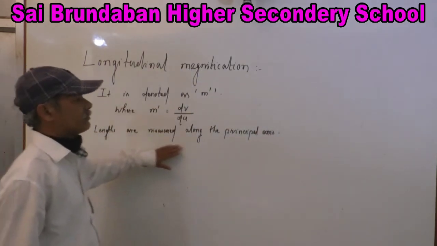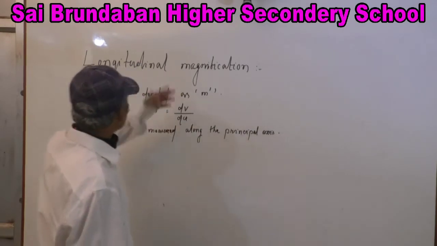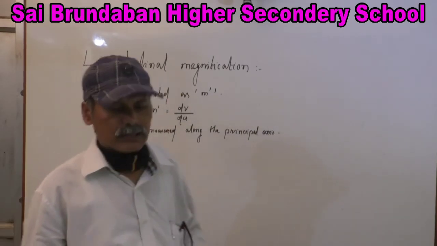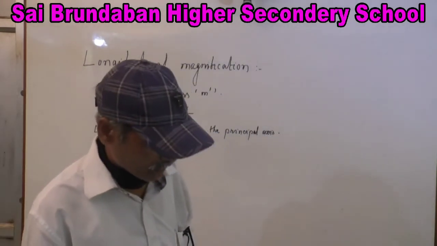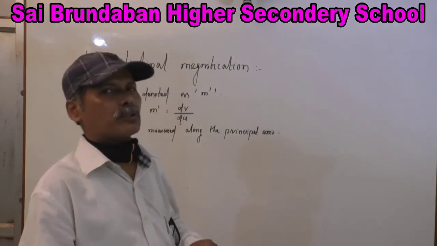Lengths are measured along the principal axis. But in case of transverse magnification, the lengths are measured perpendicular to the principal axis.